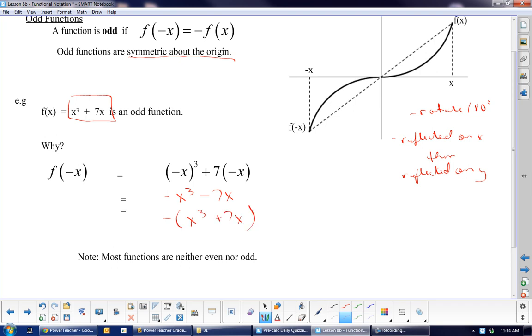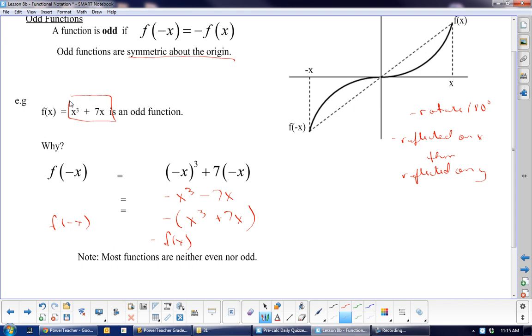Do you see that? f of negative x equals negative f of x. So if that is the case, that is an odd function. Okay?